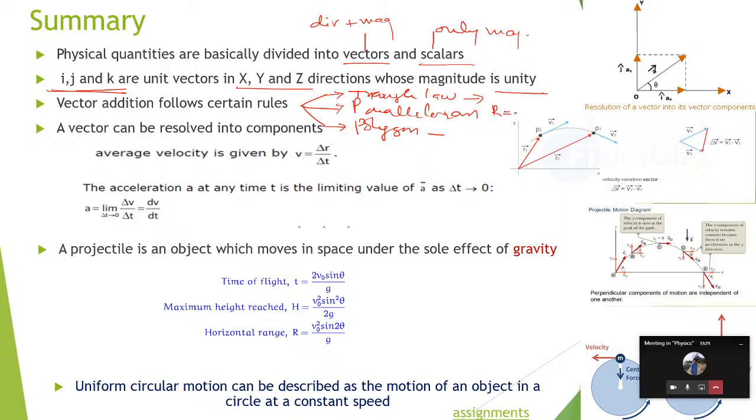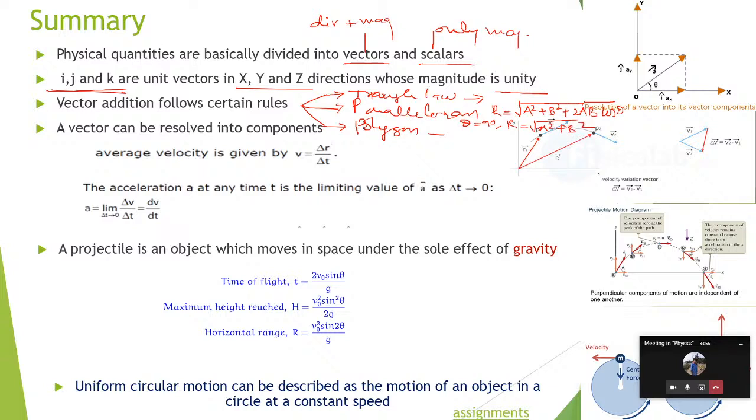Can you tell me the equation for resultant? Resultant R will be equal to root of a square plus b square plus 2ab cos theta. So that is the resultant equation. If theta equals 90, then R will be equal to root of a square plus b square.